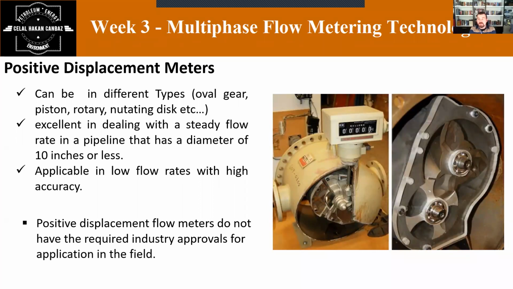They don't have many applications worldwide currently, so they need to be approved at the field site, and standardized also. But in the future, it will be one of the preferred meters, of course.